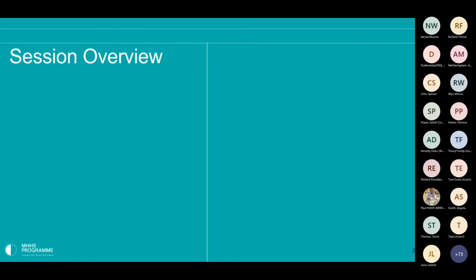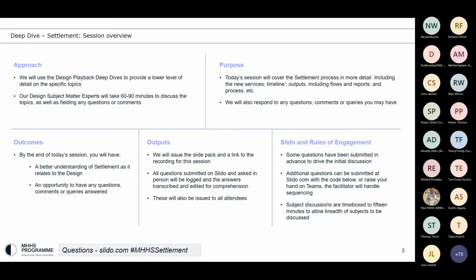I'll just give you a quick overview of today's session. This is part of the design playback session, and this is the deep dive, which can go to a much lower level depending on what information you're interested in. We're expecting it to take between 60 and 90 minutes.